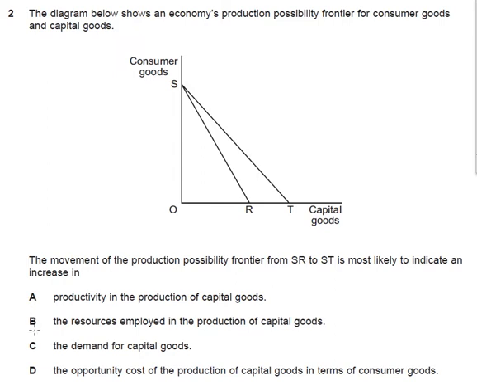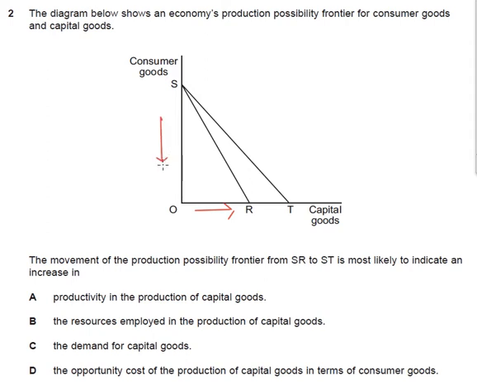Option B states that the resources employed in the production of capital goods have been increased. Now, as we've just found out, if I am to increase the production of capital goods, I must decrease the amount of consumer goods.